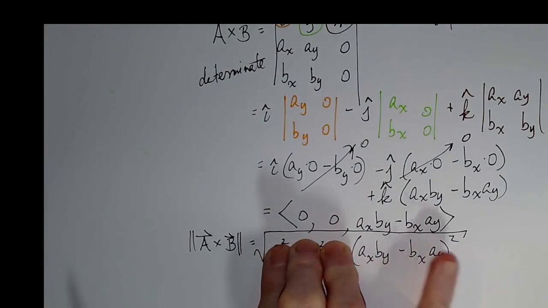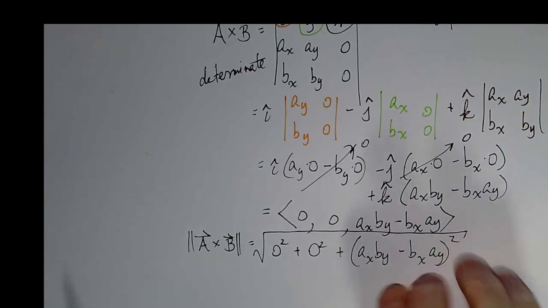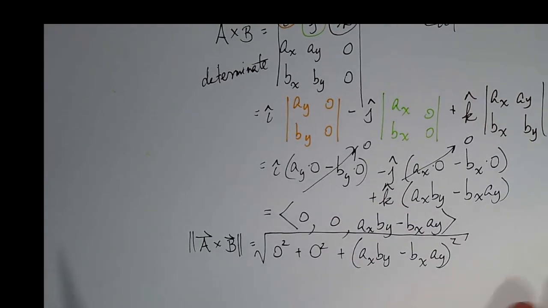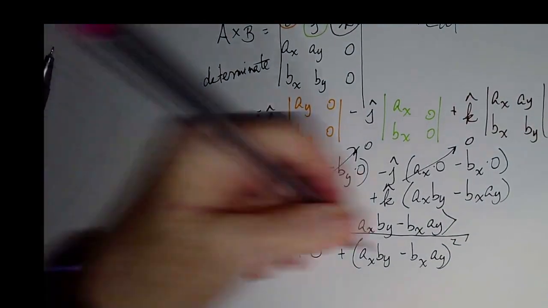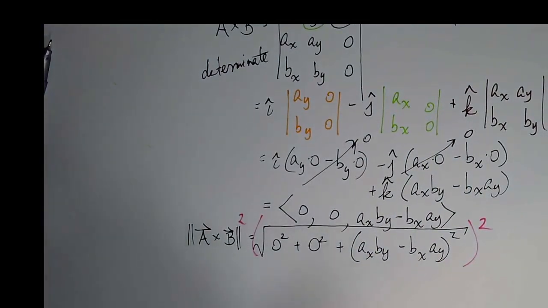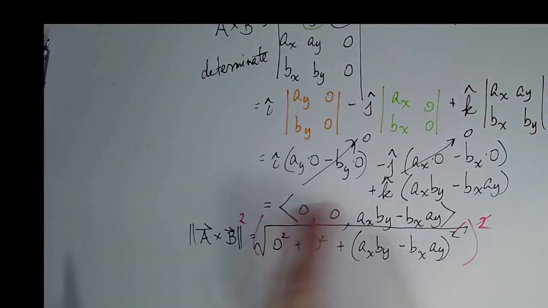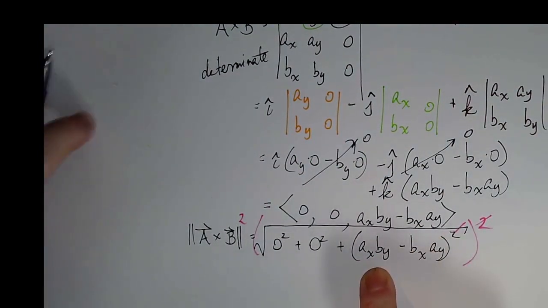And you're probably saying, hey, Ms. Nell, just let this square root and the square cancel, and we'll just have AX BY minus BX AY. But we don't want to do that. What we're going to do instead is square everything, to get rid of the square root and keep this inner square.